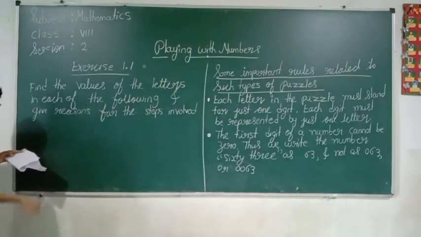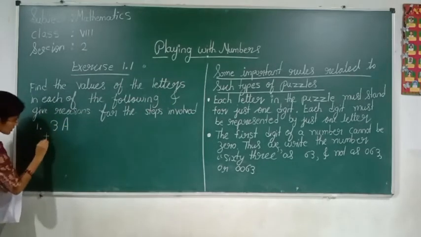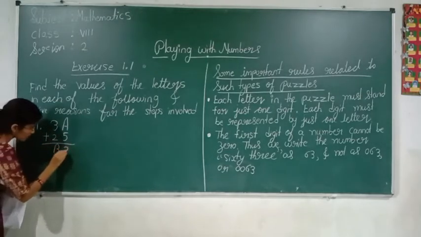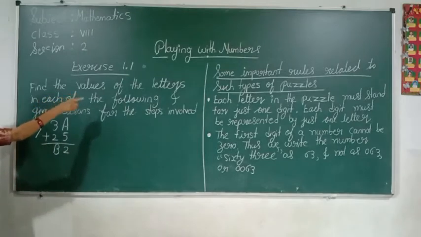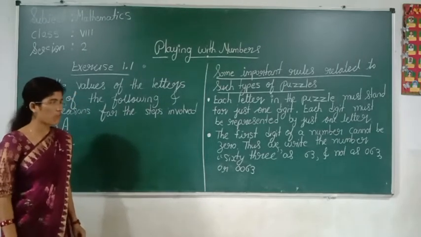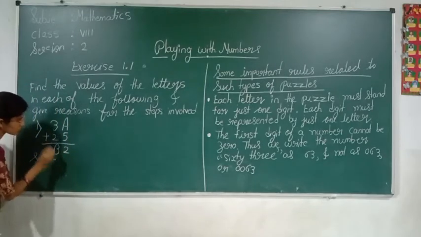Now see, we will see the first one, student. 3A plus 2 will be B2. The first question will tell us this: find the values of the letters in each of the following and give reasons for the steps involved. Now see here, you are going to see the solution.